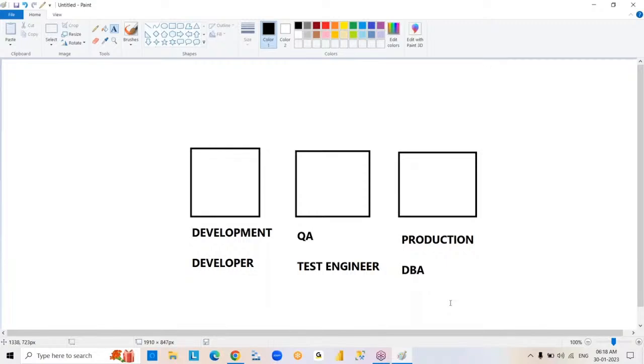Coming to next scenario. Important scenario here is based on data uses.